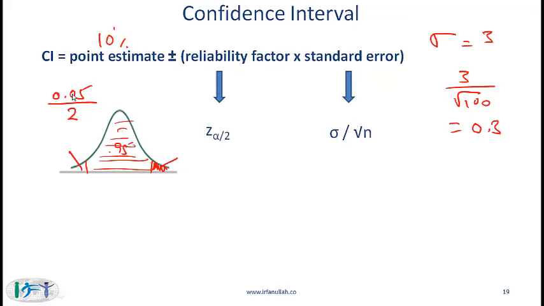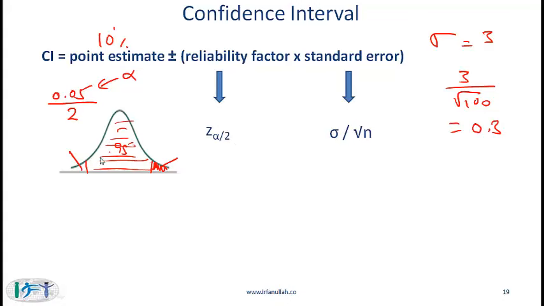The 0.05, which is essentially 1 minus 0.95, is sometimes called alpha, or the significance level. And in one tail, we are going to have half of alpha. That's why we use the symbol alpha over 2.